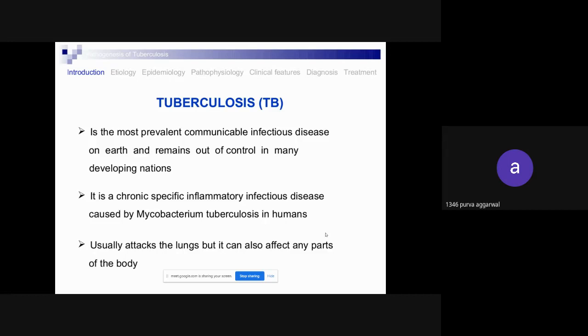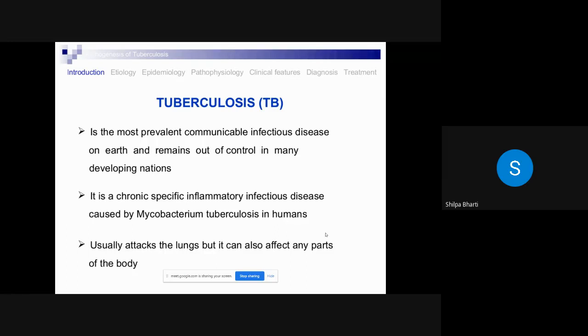Yes, the main mode of transmission is from one person to another person. It is an infectious disease spread through the bacteria which we call Mycobacterium tuberculosis. There are many species of Mycobacterium. They are rod-shaped bacilli having a common cell wall structure, which we are going to discuss.